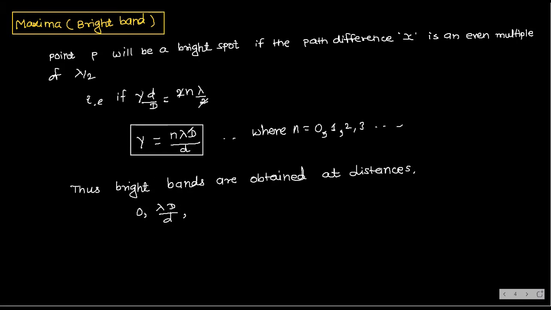Then n is equal to 1. Next, n is equal to 2. Then what are you getting? 2 lambda D by small d. Then 3 lambda D by small d, and so on.